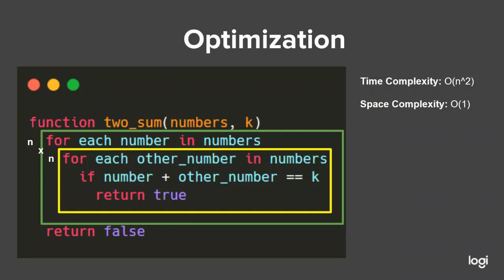And if you look closely enough at that inner loop and describe it in plain English as opposed to code, what we're really doing is searching for a number that is not the current number that we're looking at, and then doing a comparison as to whether or not this pair of numbers meets a condition.